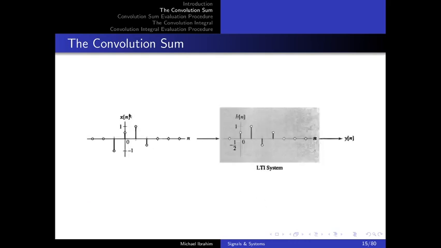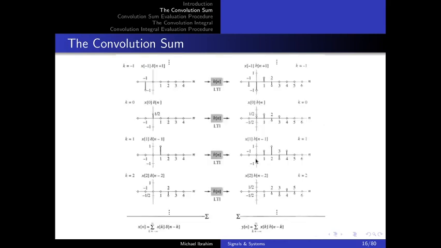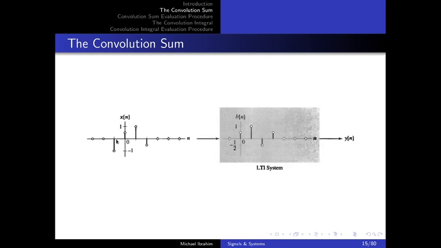So if this is x of n and we're applying it to an LTI system whose impulse response is like this, and we want to find the output, let's look at this figure and see how it goes. First we have an impulse at n equals -1, and this impulse has a weight of -1. So this impulse will result in this impulse response, but shifted in time.